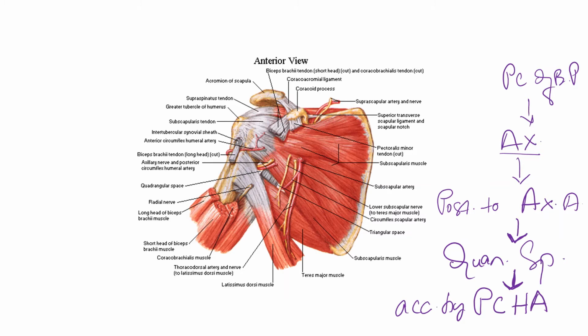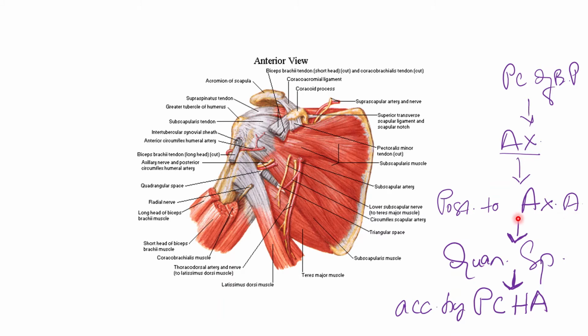I repeat, once the nerve is seen arising from the posterior cord of the brachial plexus, the nerve descends down to reach the axilla. In the axilla, the nerve is directly related posterior to the axillary artery. Behind the axillary artery, this axillary nerve is accompanied by the radial nerve.